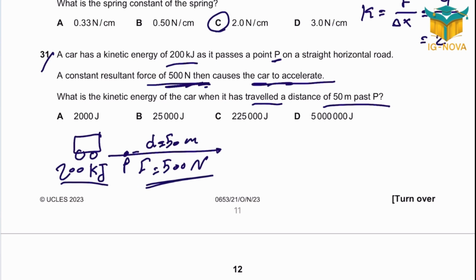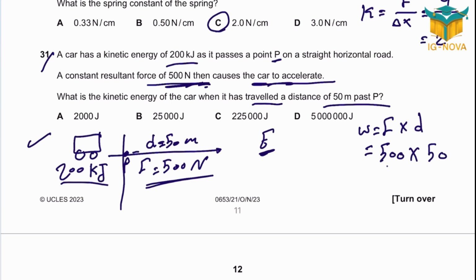For that, you need here the total amount of energy for the car. You already have the first kinetic energy, before P, and after P we have work, F times D. F is 500, D equals 50, so it's 25,000.